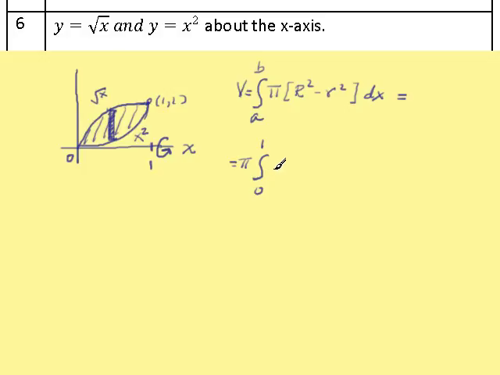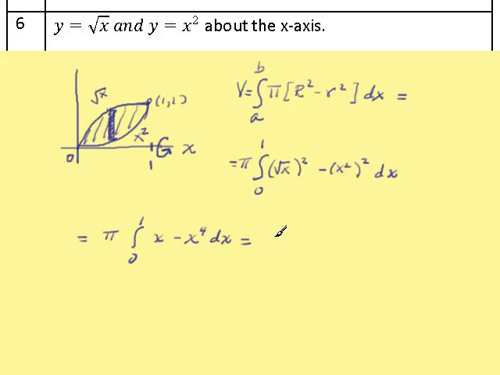So that would be square root of x, the upper curve. Little r is represented by the smaller curve, x squared. So let's simplify this a little bit. Here we have x minus x to the fourth.